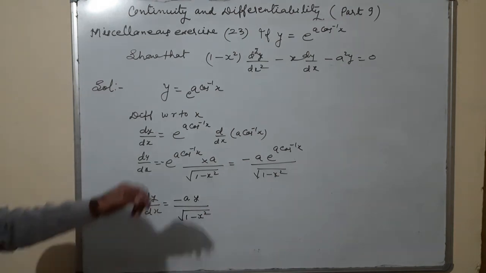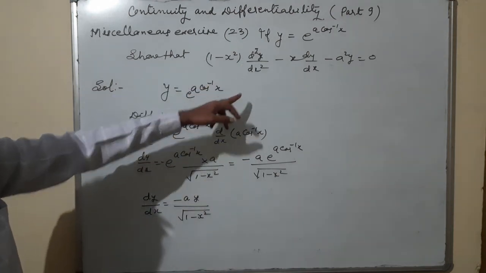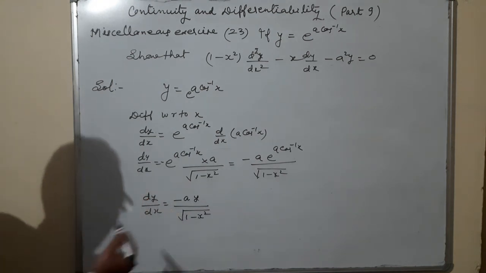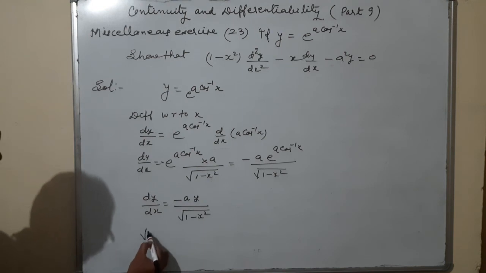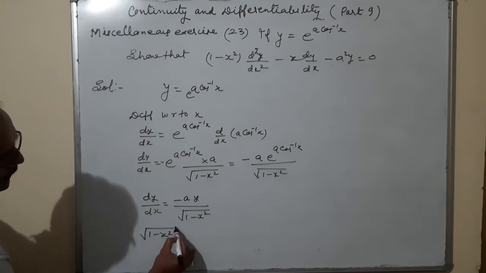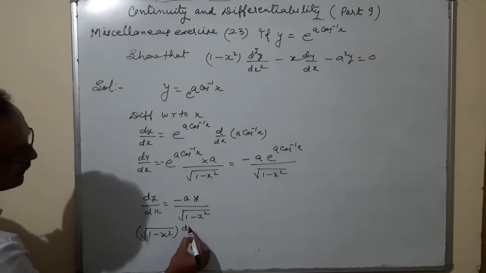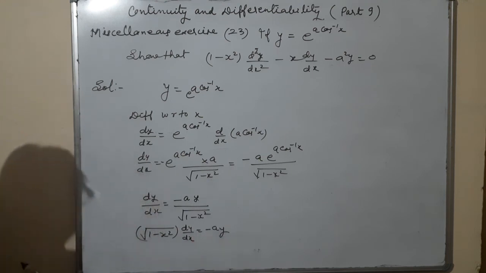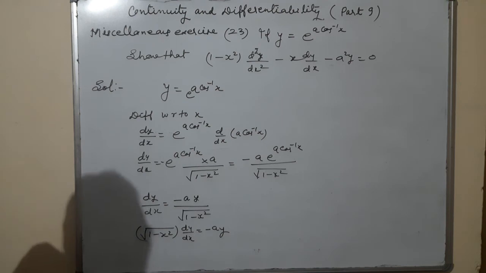Okay, because here we want 1 minus x square d square y by dx square. So what should I do here? Shifting this term here, under root 1 minus x square dy by dx is equal to minus ay.